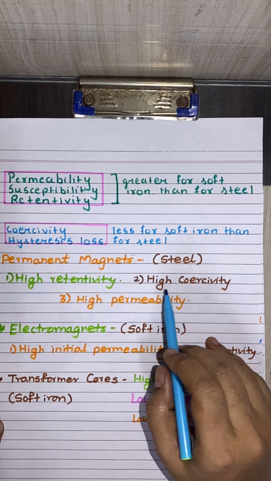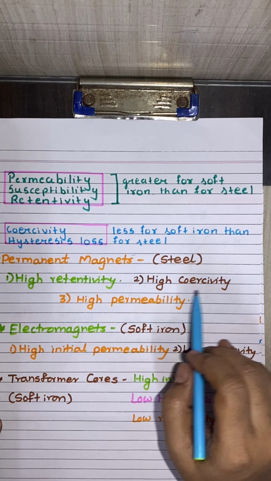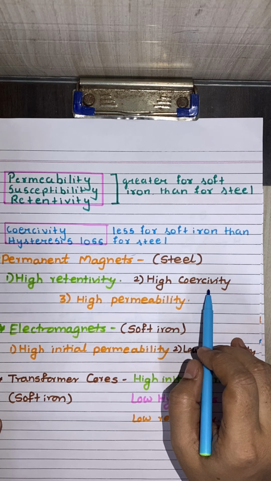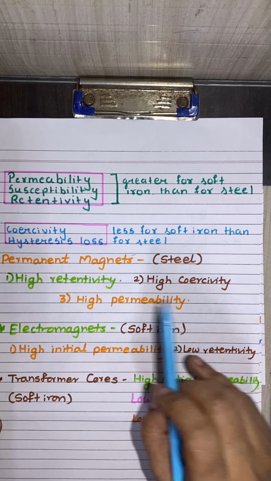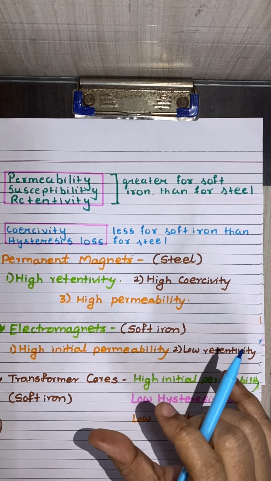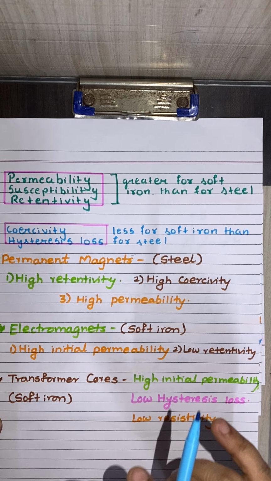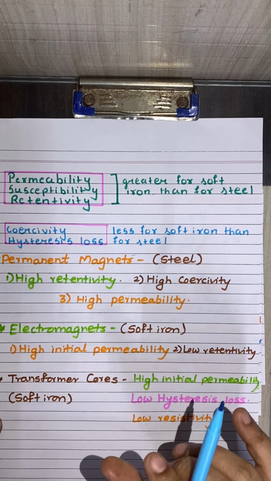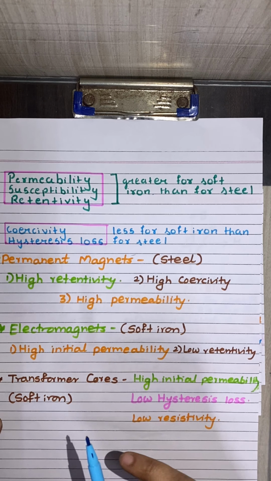Then the second one is high coercivity, so that the magnetization is not destroyed by stray magnetic fields. Stray magnetic fields means external magnetic fields, or temperature variations, or minor mechanical damage. Generally, whenever we have a permanent magnet, we are not allowed to drop it from a great height, because when the magnet falls from a very high height, it may lose its magnetic properties.